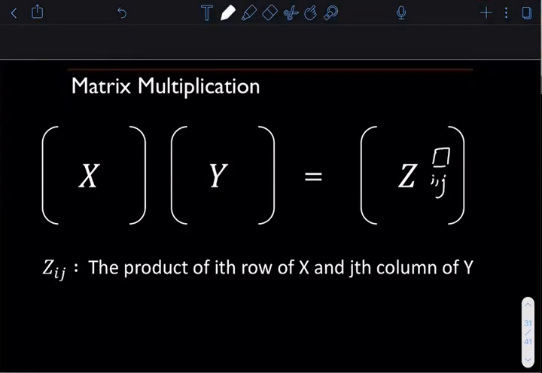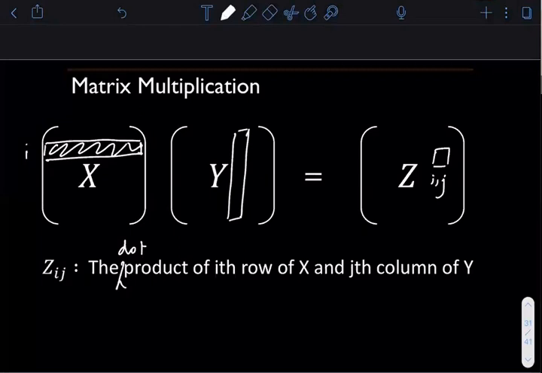So how will I find the product? Well, it's essentially what we call the dot product. It's the dot product of the ith row of X and the jth column of Y. So this is row i, and I have the column j.